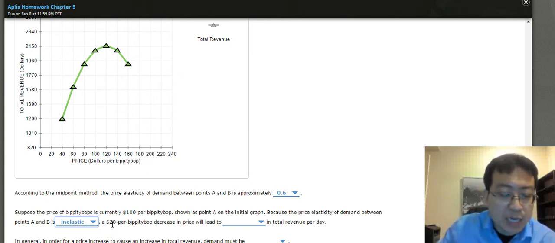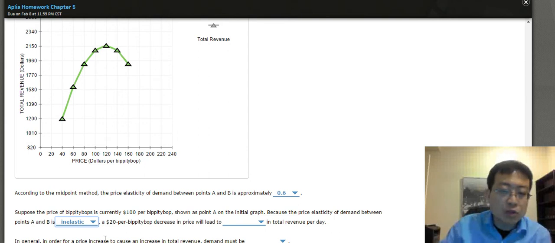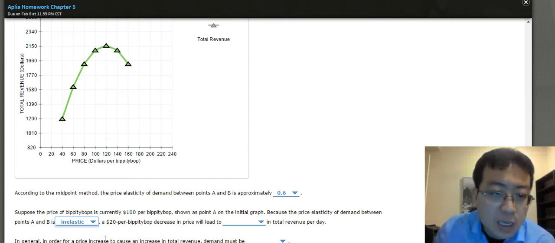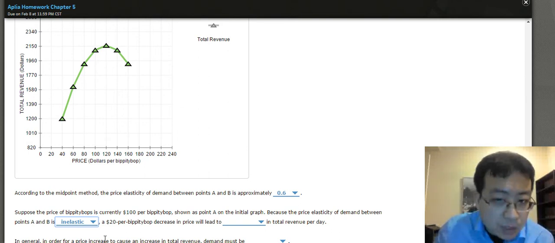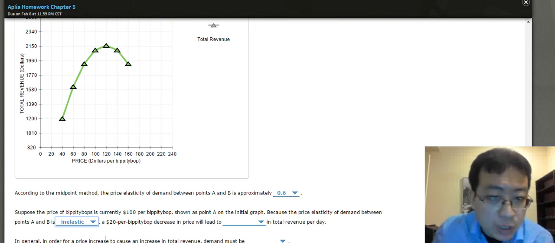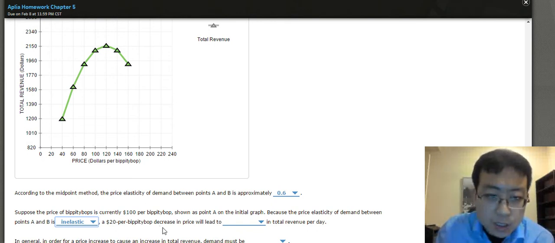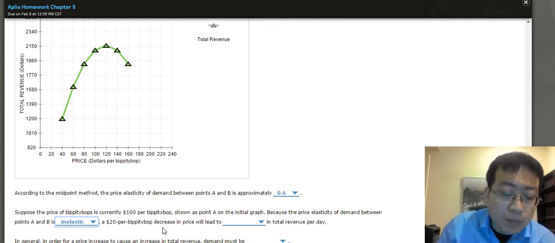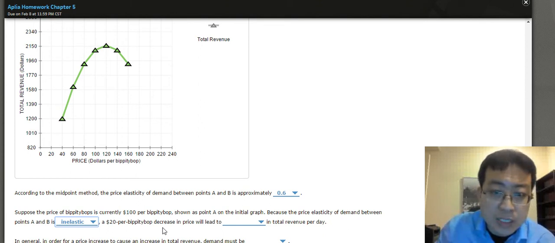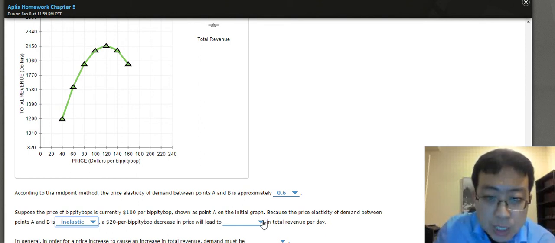With inelastic consumers, the company can increase revenue by increasing price. But if we decrease our price, they still buy the same number of units, so they're not going to pay more money to you. So your total revenue actually decreases.